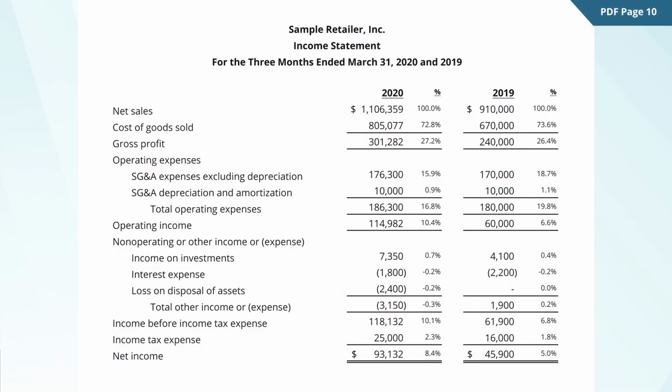Now, I'm going to present on this handout just 2 instead of 3 years. So on this handout, we're showing the current year plus only 1 of the prior years. And so this would be more typical at a smaller company, but the publicly traded ones are required to do more.